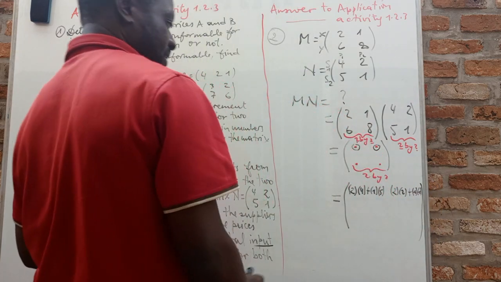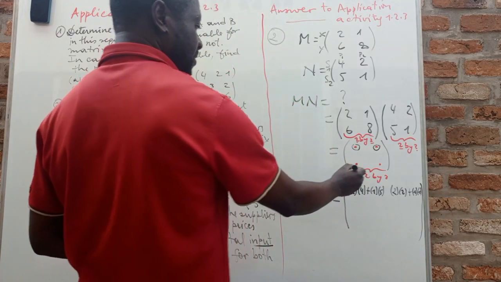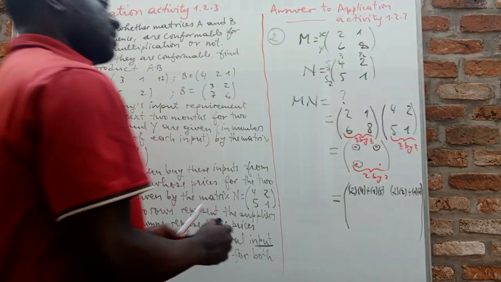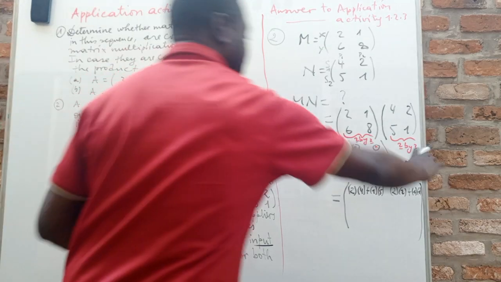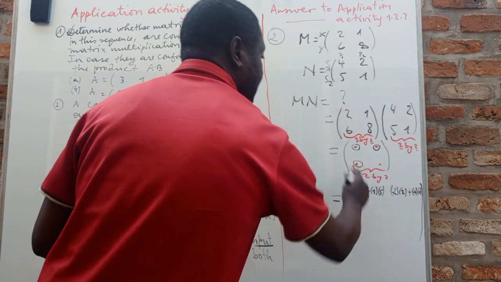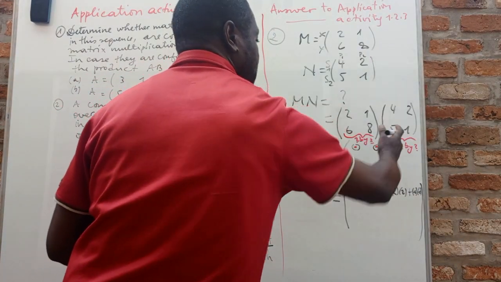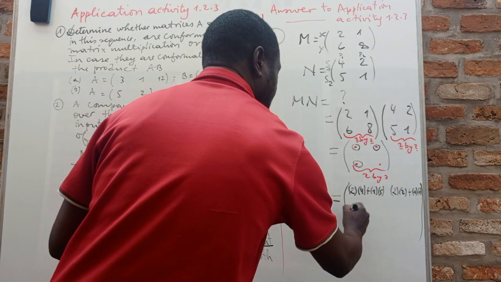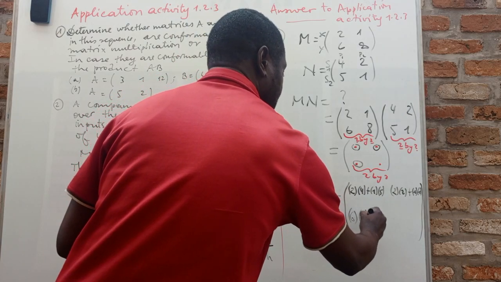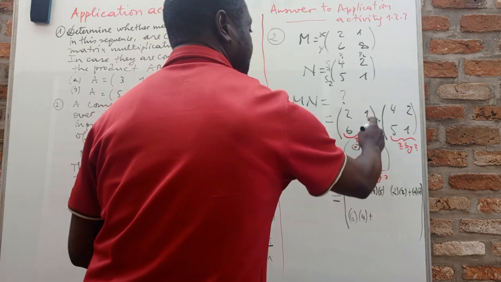The first element of the second row will be the second row times the first column: 6 times 4 plus 8 times 5.